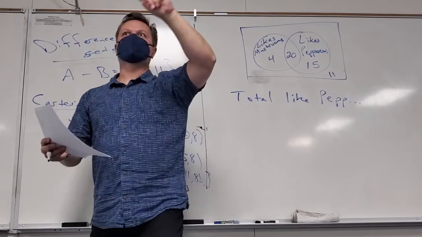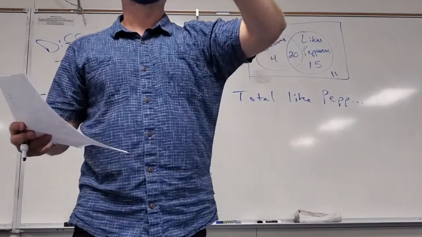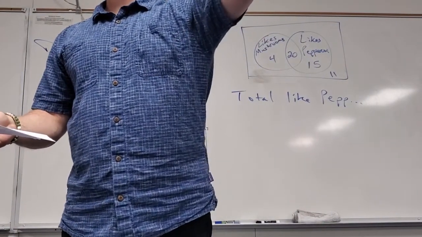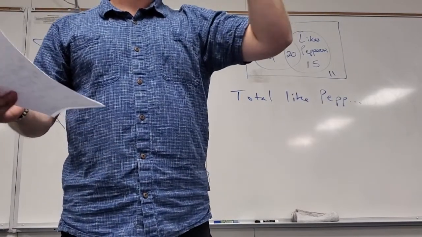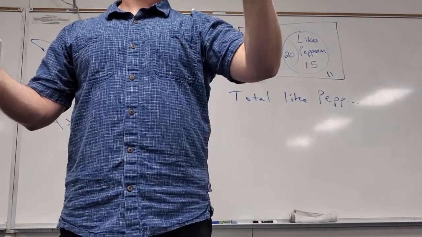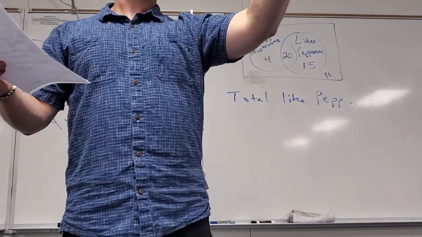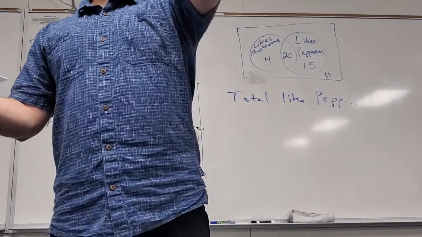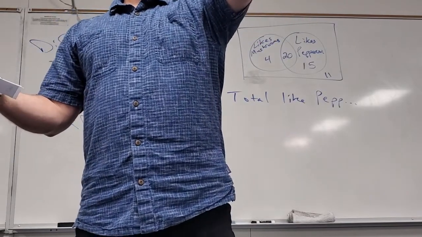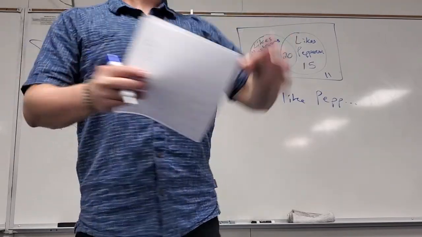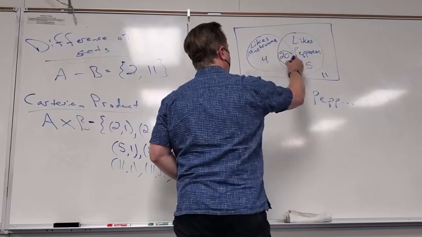If I asked you to create a Venn diagram and I said 35 total people like pepperoni, does 35 have to actually show up in your diagram? No. That's one of the most confusing things when I ask you to start blank and create a Venn diagram: people think every number is supposed to show up somewhere. No, 35 does show up, it's just split.